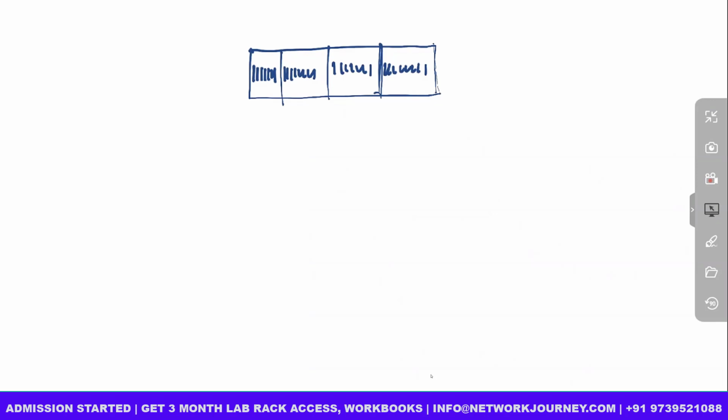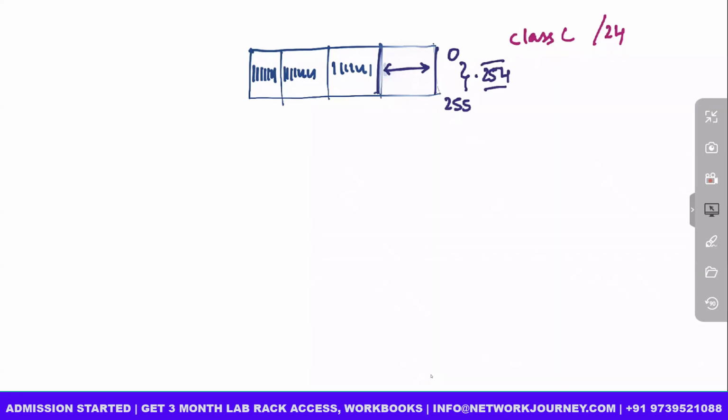So when I say class C, which is an example of /24, you just think that this is completely free. Free for your usable purpose. Now this is a free block, so you can think from 0 to 255. So altogether 254 IPs you have here.